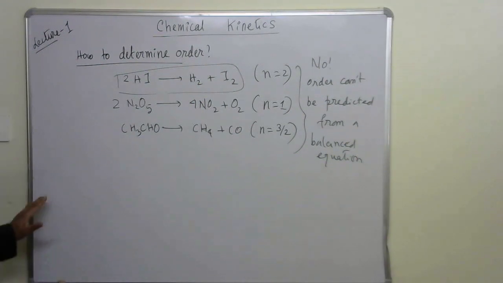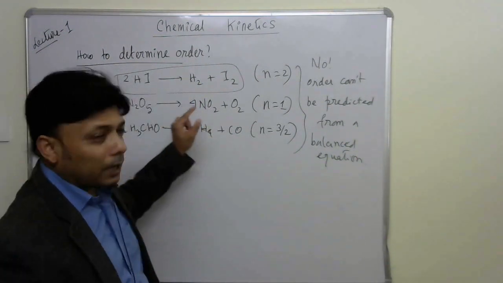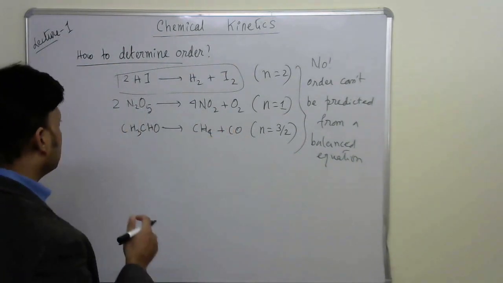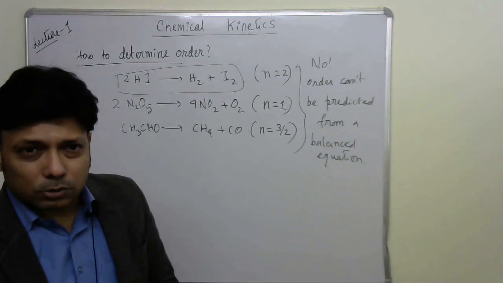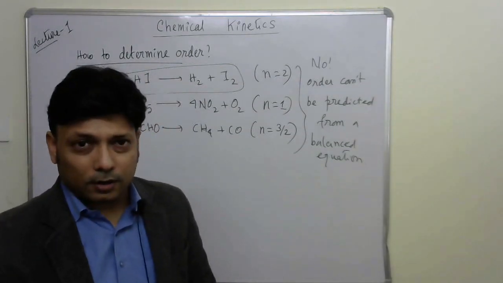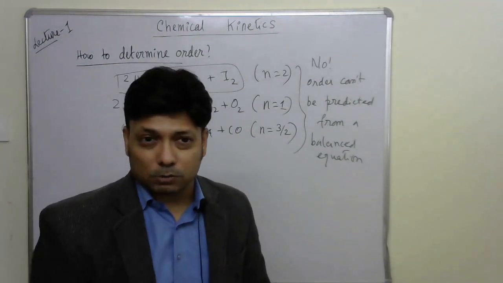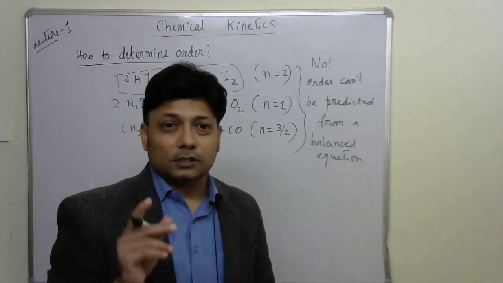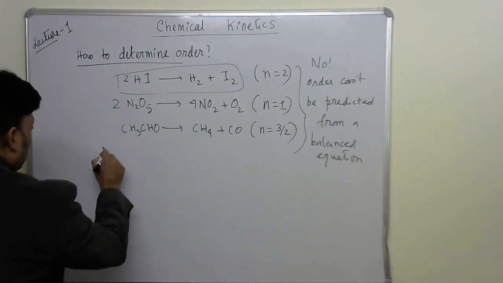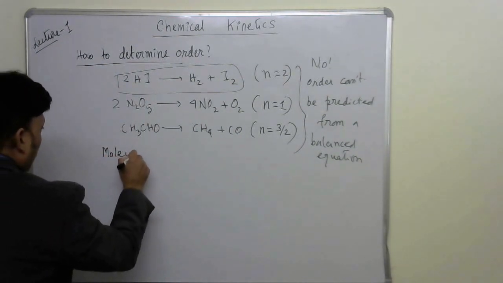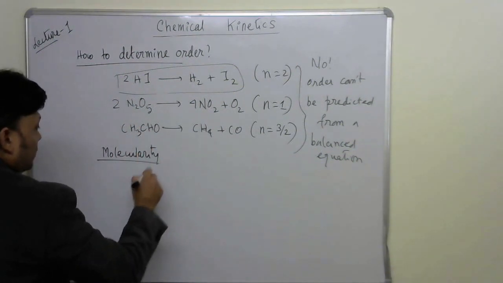So the question is once again: even if we know the mechanism or the mechanistic steps of the reaction, is it possible to predict the order? And the answer is yes, sometimes it is possible, but in order to get that, we have to introduce a new term, which is called molecularity.